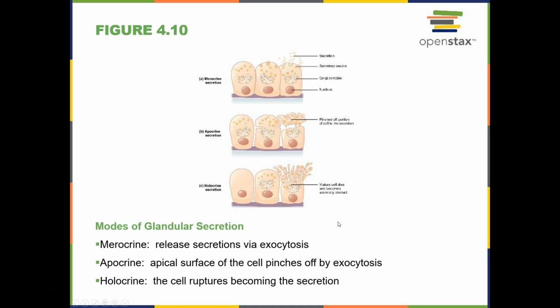The type of secretions that are produced depend on how the cell releases materials. So we have merocrine release, apocrine release, and holocrine release.